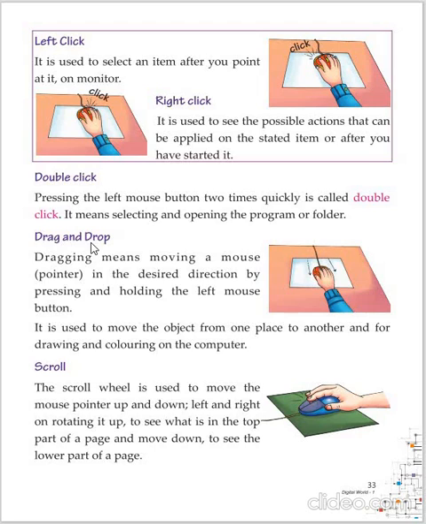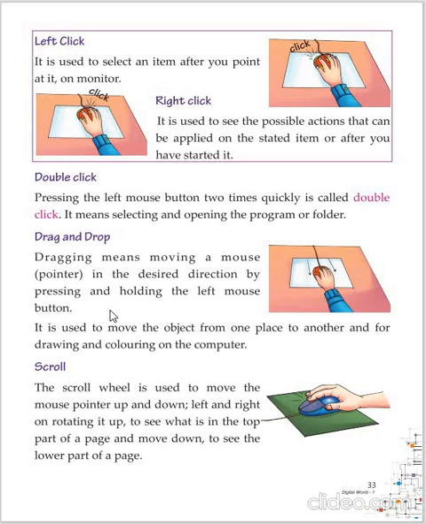Drag and drop. Dragging means moving the mouse in the desired direction by pressing and holding the left mouse button. So by drag and drop, you can move any object from one place to another.